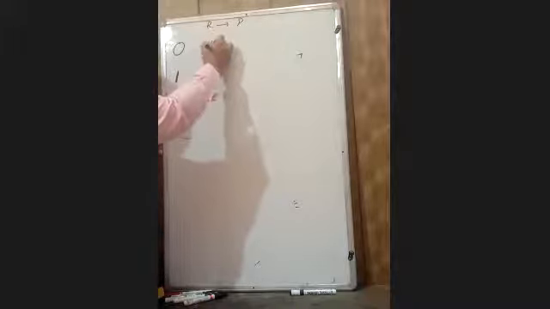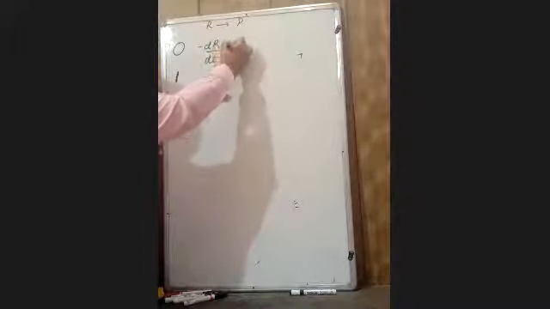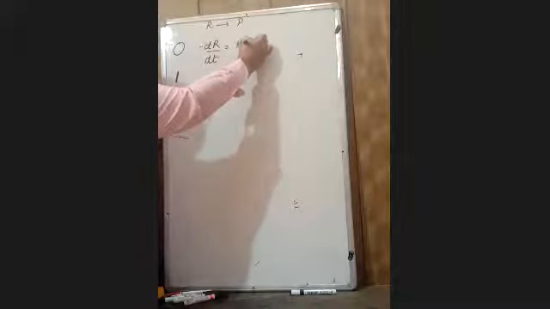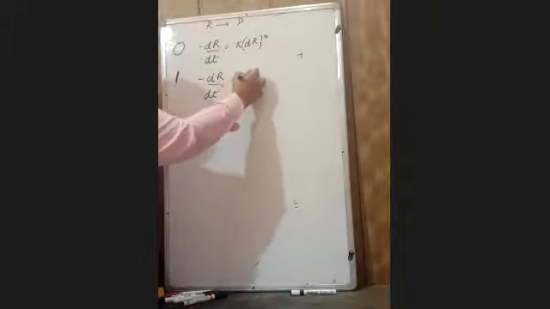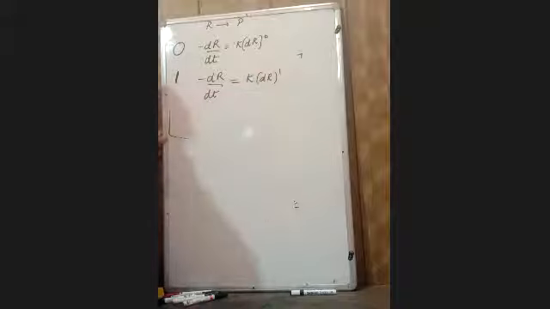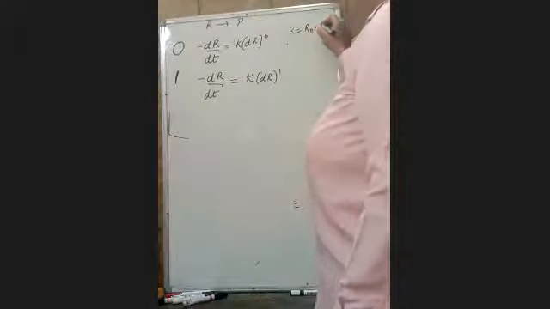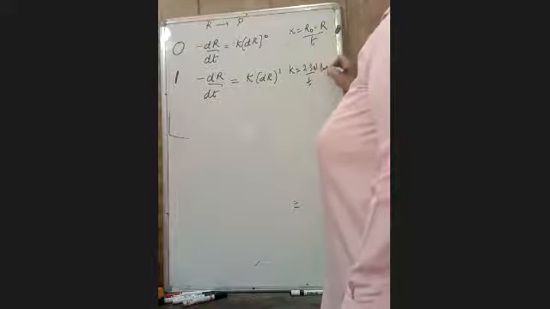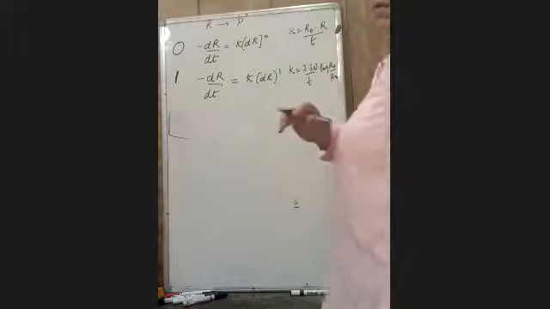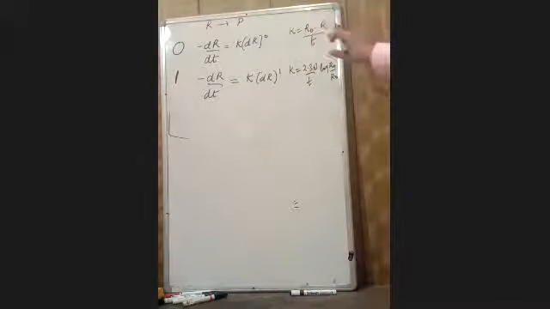It will be minus dR by dt is equal to k R naught for zero order, and minus dR by dt is equal to k R for first order. The integrated rate equation for zero order is k equal to R naught minus R over t, and for first order k is equal to 2.303 over t log R naught over R. This is the thing we have discussed in the complete lecture. Now solve one numerical based on this.